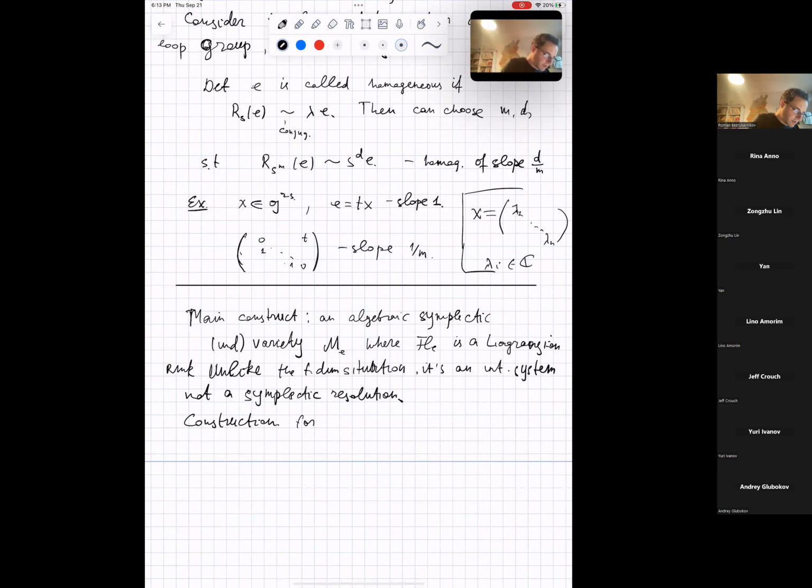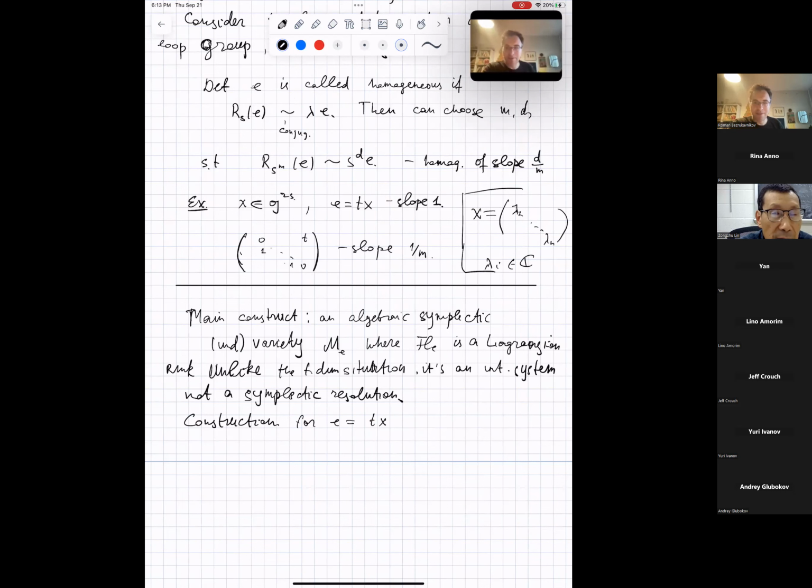So the construction for E equal to just T_x as before. And in a way, this is my favorite case for reasons that I may explain in a few minutes. And then we just take P minus to be the first congruence subgroup in the group of negative loops.